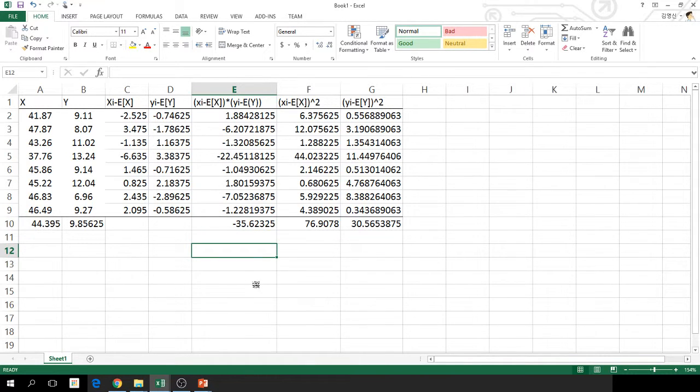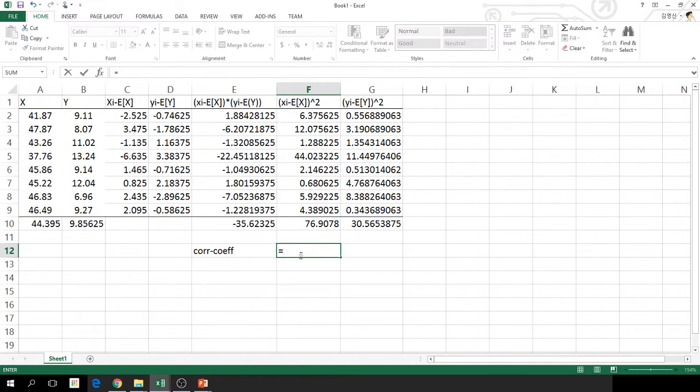So then the correlation coefficient is what? This number divided by the square root. Be careful, we have to take the square root of this number times the square root of this number. Then we obtain the correlation coefficient. Of course, the correlation coefficient in this case is minus 0.73. So that means x and y are highly negatively correlated.